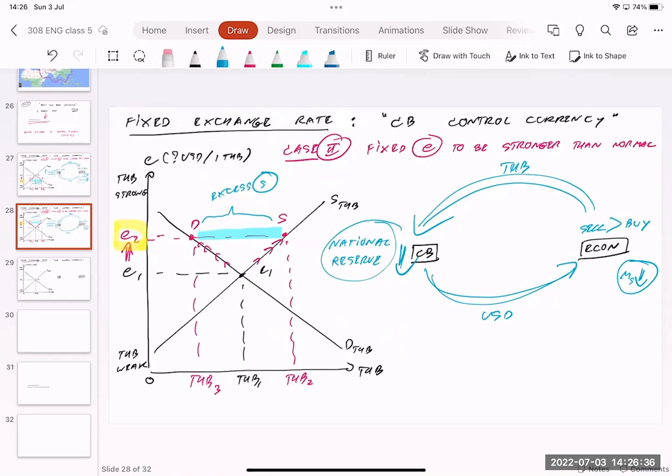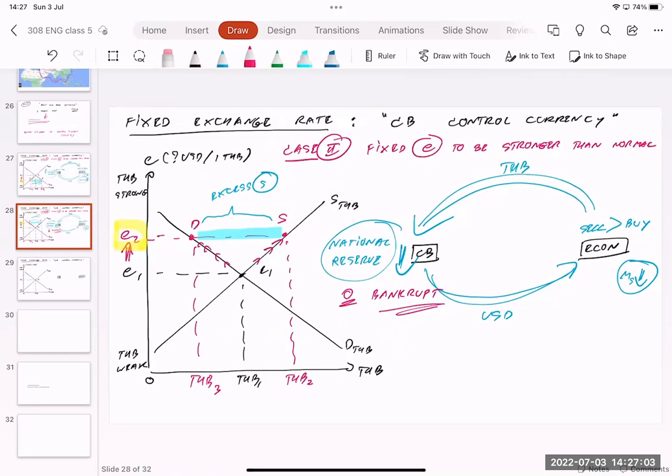By using this policy, the national reserve keeps falling until it can equal zero, which means the whole country becomes bankrupt. So this is the good point and the bad point of this policy, to fix the currency to be stronger than normal.